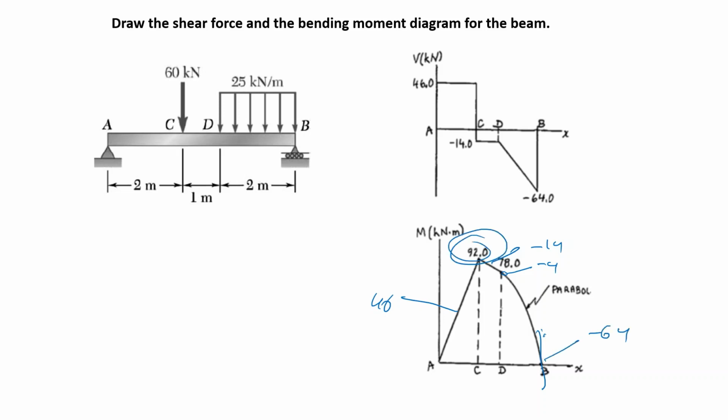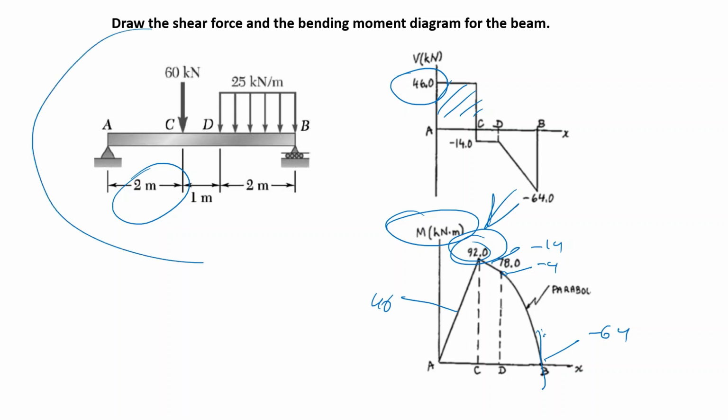If you're interested in the maximum value of the moment, this area corresponds to 2 meters times 46, which gives you 92. Here in this beam, the maximum shear forces are over here.